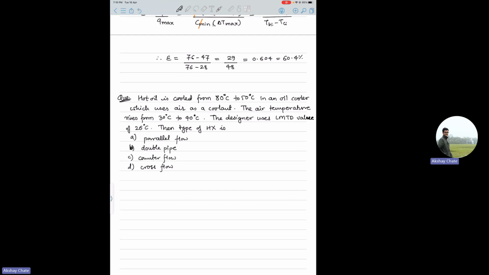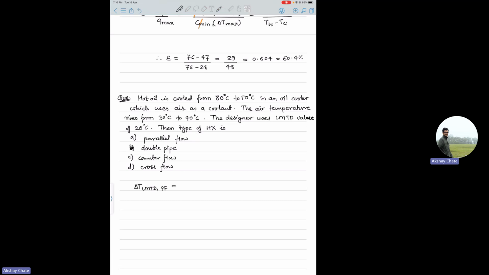It can be either parallel, counter, or cross, because double pipe is basically parallel and counter flow and cross flow, everything is double pipe. So B is not the correct option. So out of these 3, you have to see. What you can do is calculate delta T LMTD for parallel flow.